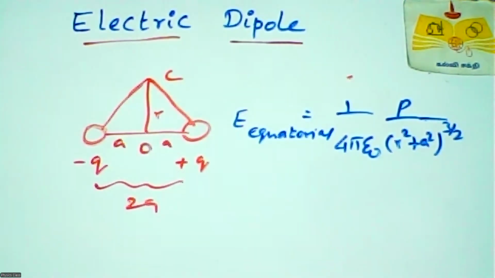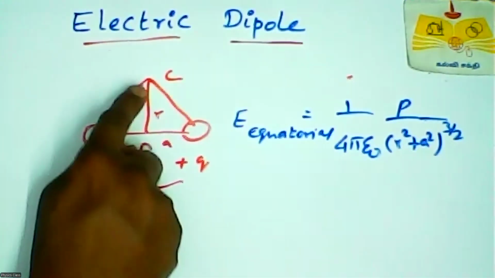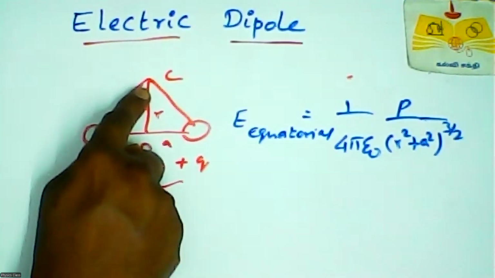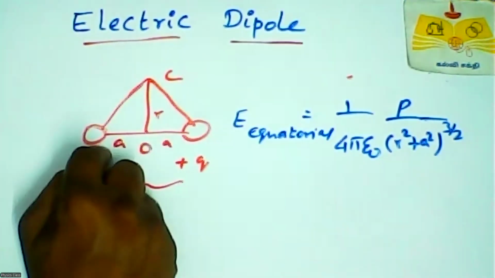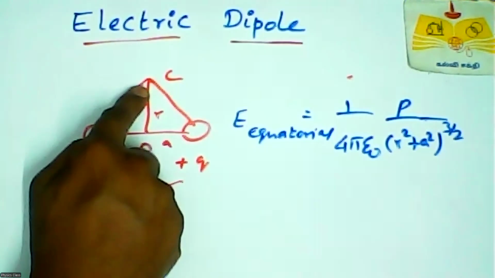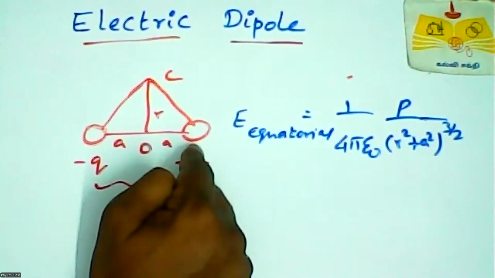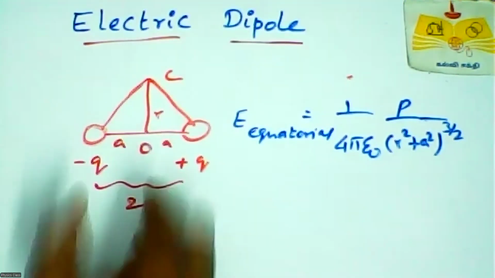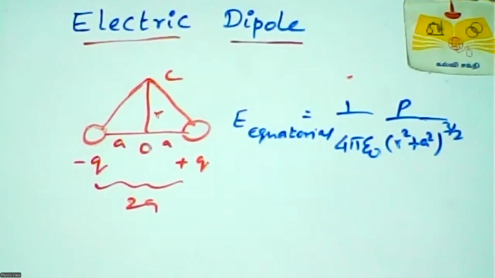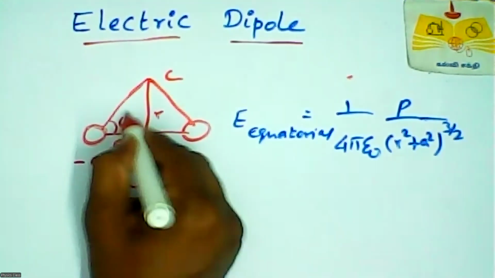1 by 4 pi epsilon naught P by (R square plus A square) whole power 3 by 2. Because the electric field due to minus Q charge at point C and the electric field due to plus Q at C include theta.